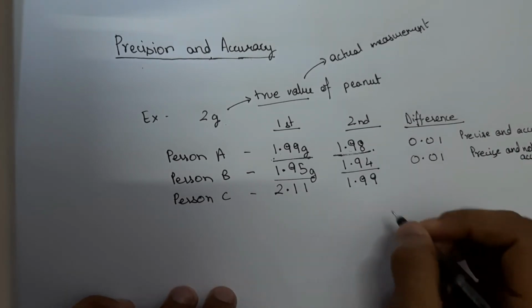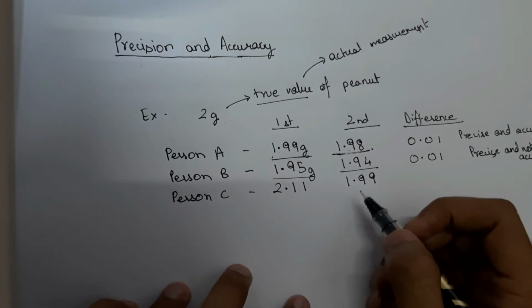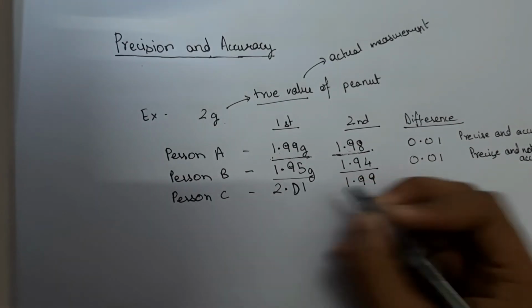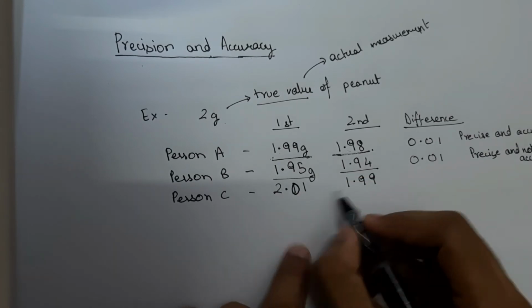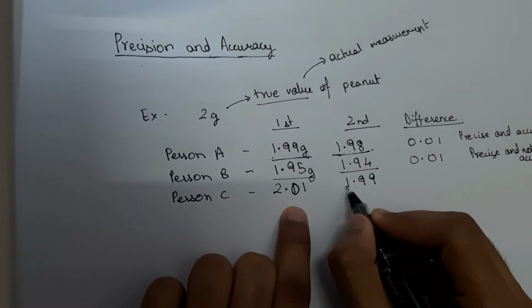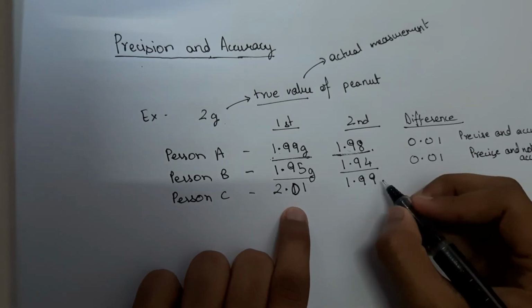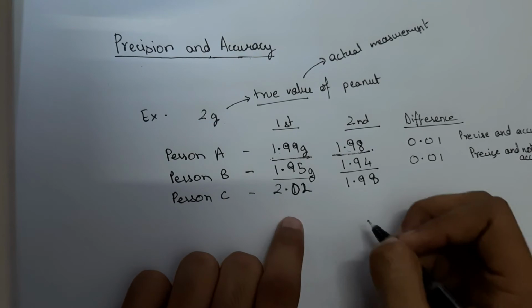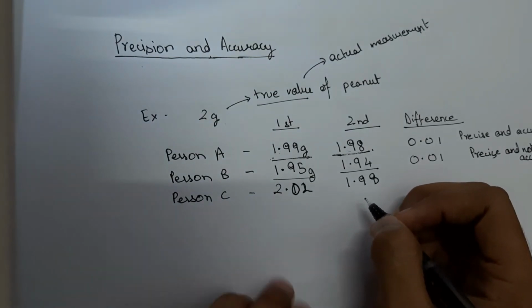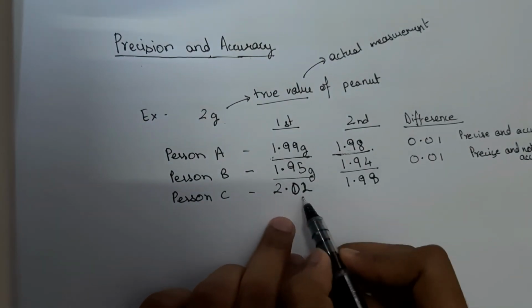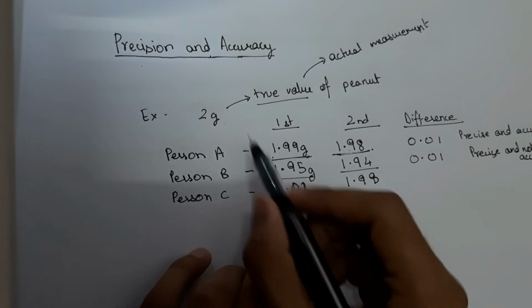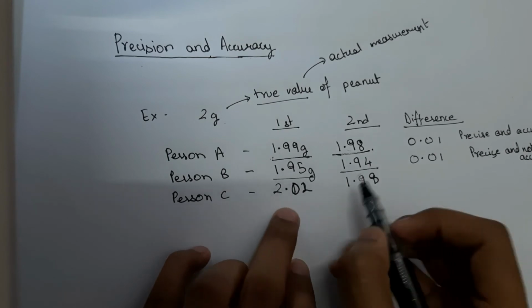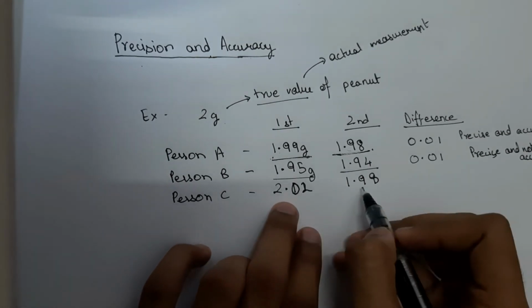Now let's move on to the case of the third person. Let's make this value as 2.0. We can say that both of these values are relatively further from each other, right? So let's change these values to 1.98 and 2.02, so that I can better explain it to you guys. We can see that both of these values are close to 2 grams, which is the true value of the peanut, but they are not that close to each other, right?